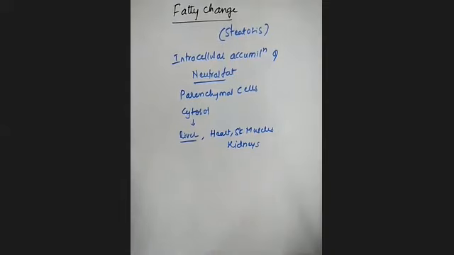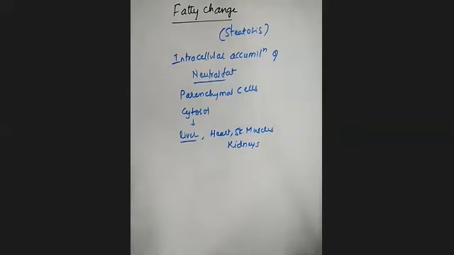I think you have understood what is meant by fatty change. Fatty change is also known as steatosis, the intracellular accumulation of neutral fat within the parenchymal cells. Remember, neutral fat means the triglycerides, the esters of three fatty acids.